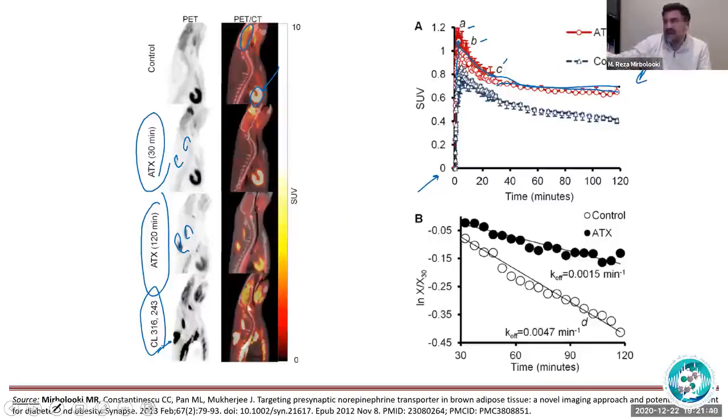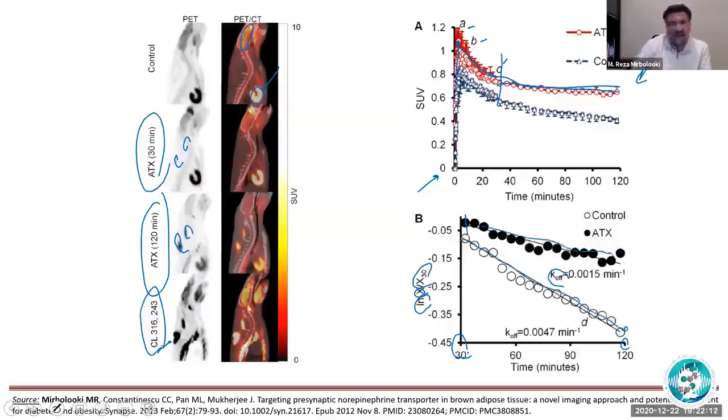So what I did, I got this data from C, as you see here, and I calculated the logarithm of the value, the average of every 5 minutes divided by the value at 30 minutes. It starts here at 30 minutes, goes at 5-minute intervals until 120 minutes, and I calculated their K off, which is that clearance rate.